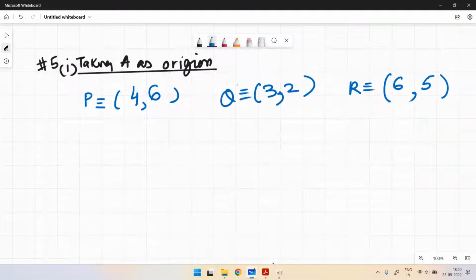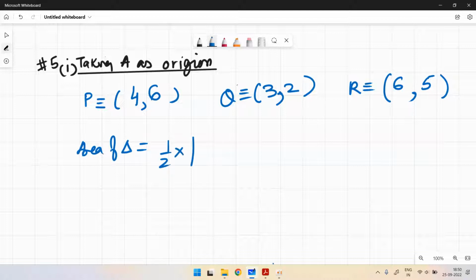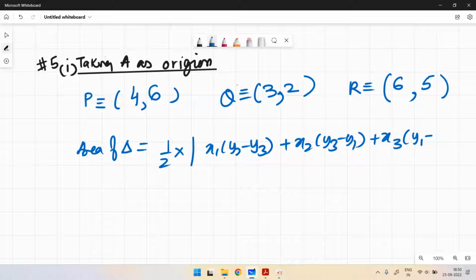What do you observe? If you calculate the area of triangle PQR, you know that the area of a triangle is given by half into modulus of x1 times y2 minus y3, plus x2 times y3 minus y1, plus x3 times y1 minus y2, modulus closed.